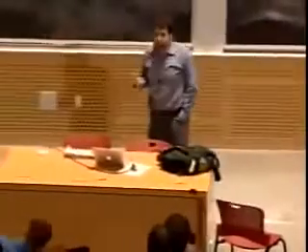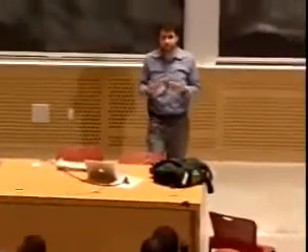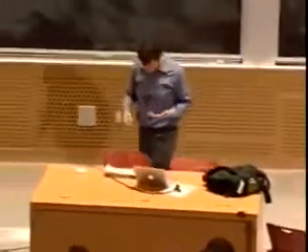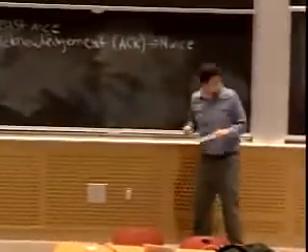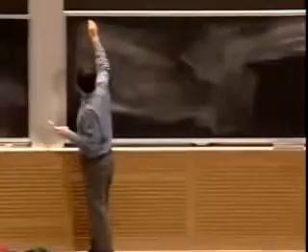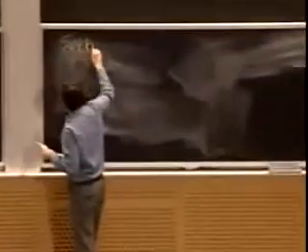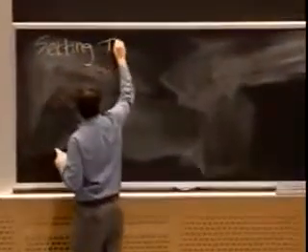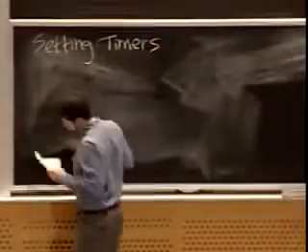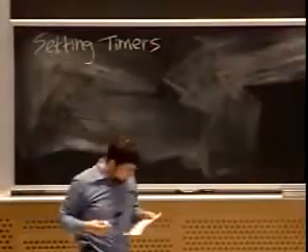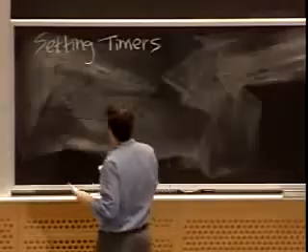So there's this question about how we are going to pick this timer interval so that it's appropriate for the network that we're running on. And this turns out to be an interesting and challenging problem. So how long do we wait before a retry?